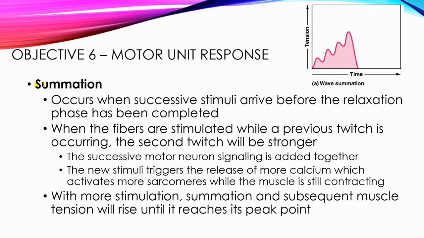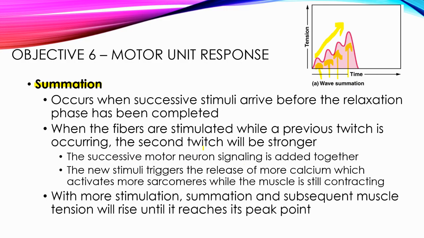In summation, just like the word means, if you sum something, you are adding it together. This is where stimuli are continuously coming in. Here, each of these humps represents a new stimulus coming in. As stimuli come in before that muscle is completely relaxed, those forces are added together, and you can see that as a whole, the contraction force is increasing.